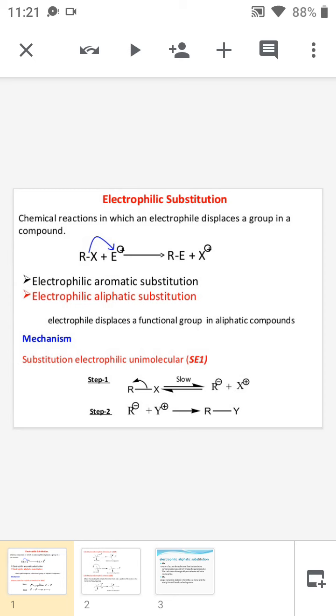First step is RX dissociates into R minus, that is the carbanion, plus X plus, that is the leaving group. Then in the second step, the carbanion combines with the electrophile to form RY. So this is the general mechanism in SE1, a unimolecular reaction passing through a carbanion intermediate. The first step is the slow step in which the carbanion is generated.